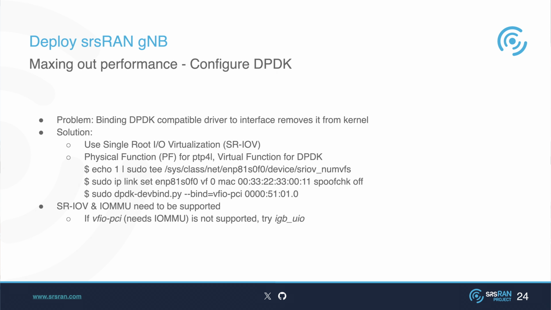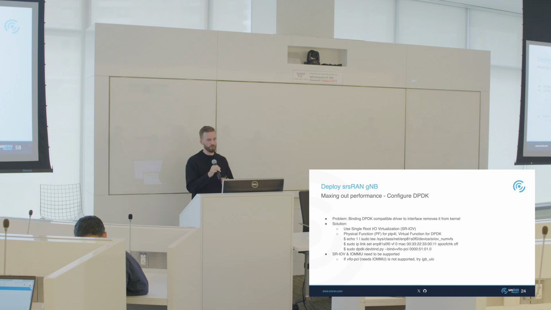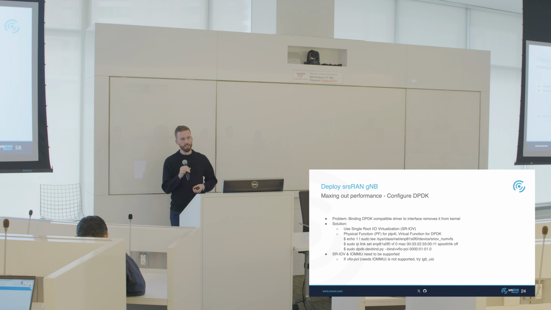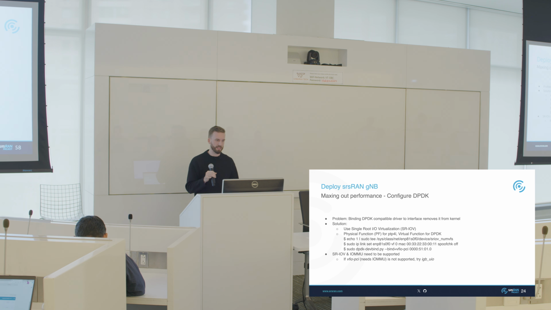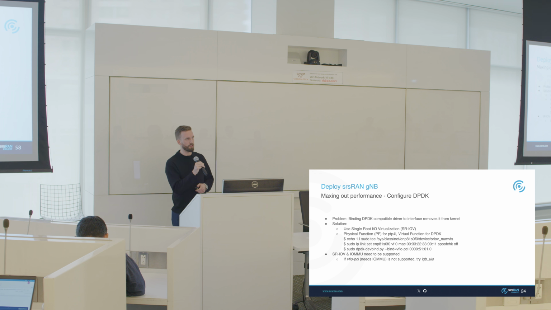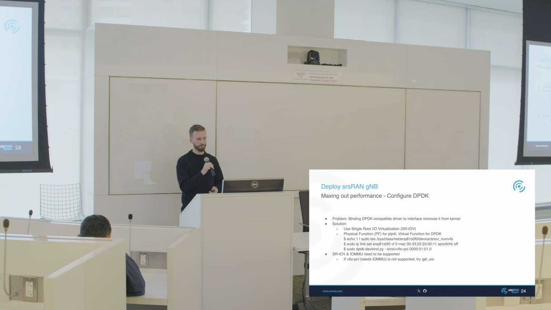In case you come across tutorials that explain how to do this, and you cannot use VFIO PCI because IOMMU is not enabled or available, you could use IGB UIO, which is performance-wise the same driver, but it doesn't have any security features, which probably doesn't matter. Depends on the deployment that you're planning.